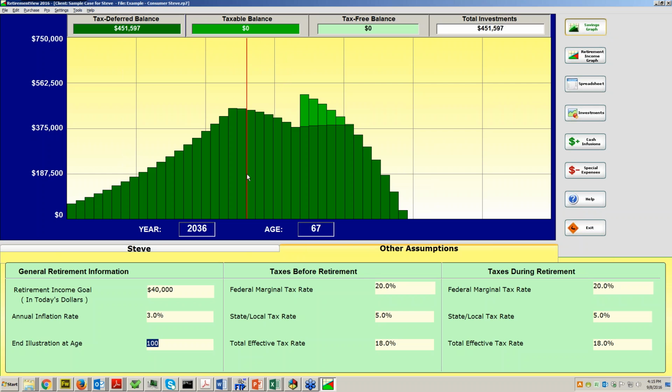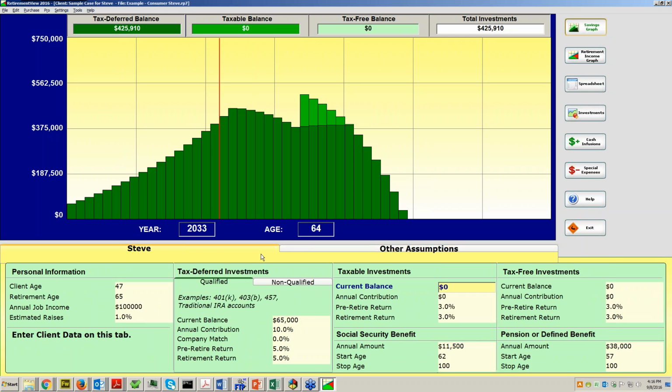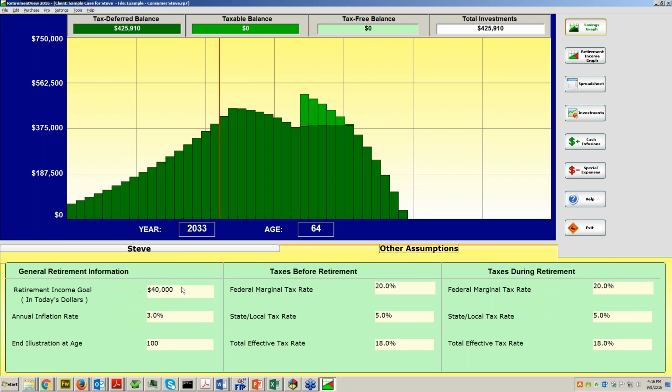Okay, got another question. They were wanting to know all the different special rules about gross or net, today and future value when entering data. Most of the things are listed on here, like the retirement income goal. That's in today's dollars. We don't enter anything in future dollars, so just get that out of your head.